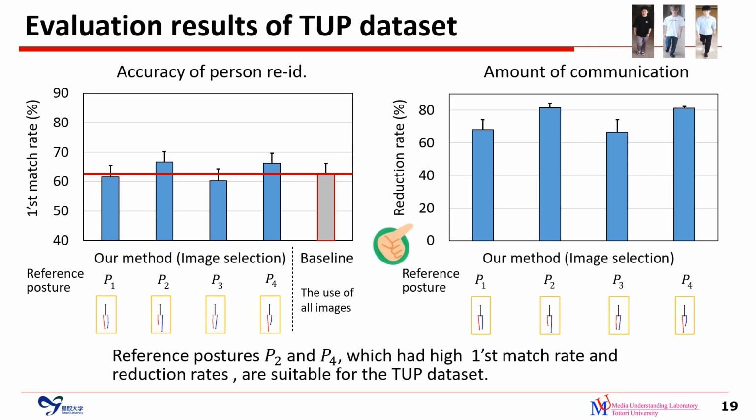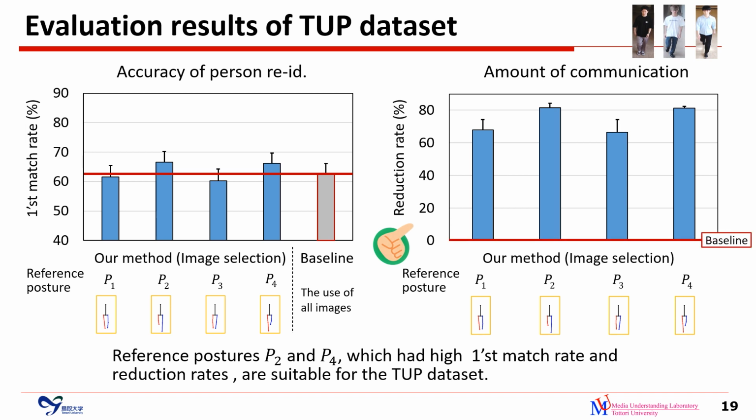Amount of communication. The vertical line shows the reduction rate and the horizontal line shows the reference leg posture. The reduction rate is a ratio of the number of images not selected by the method to the number of pedestrian images when no image selection is used.